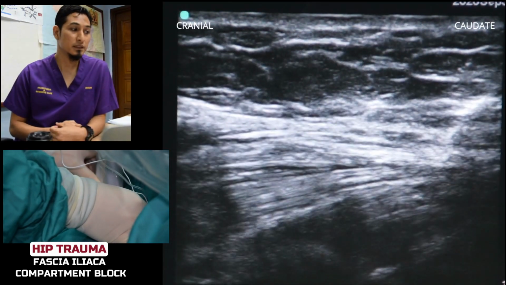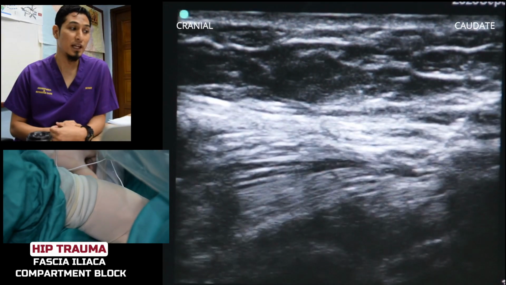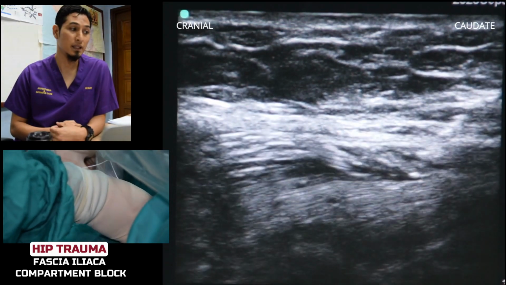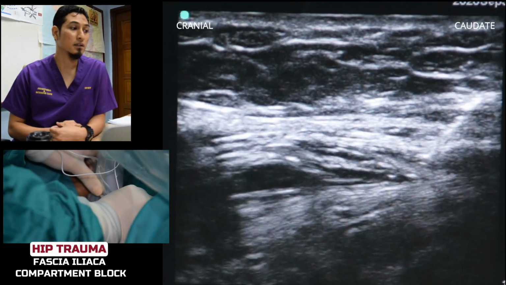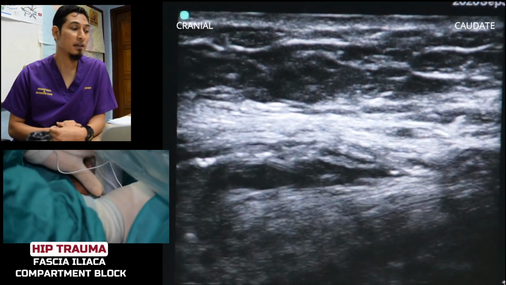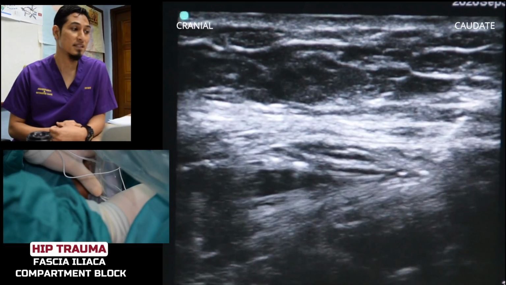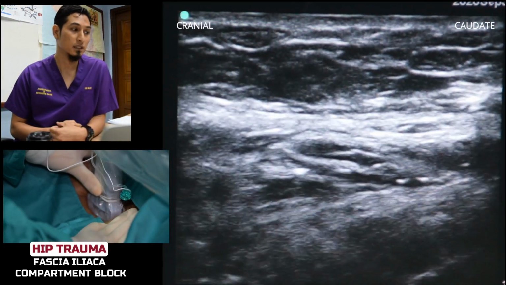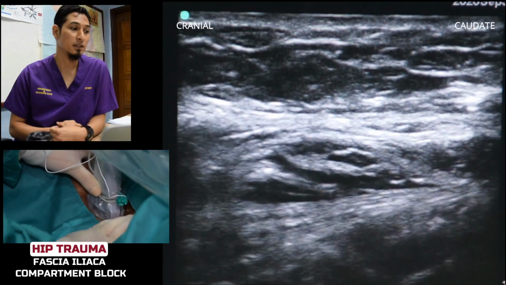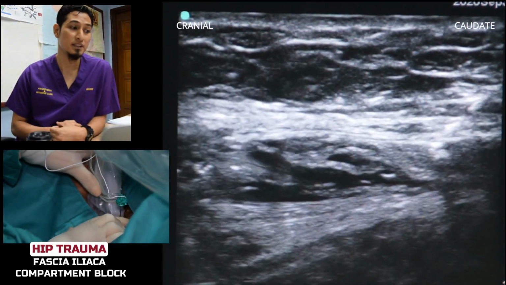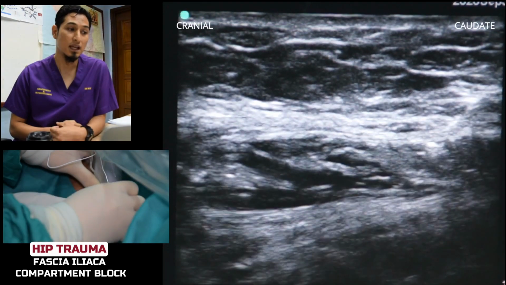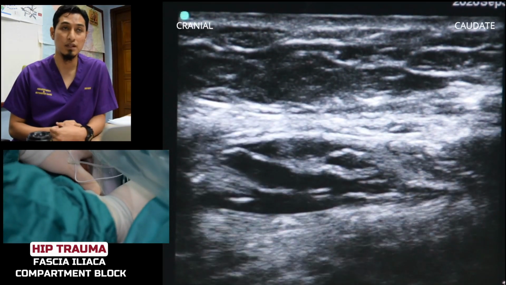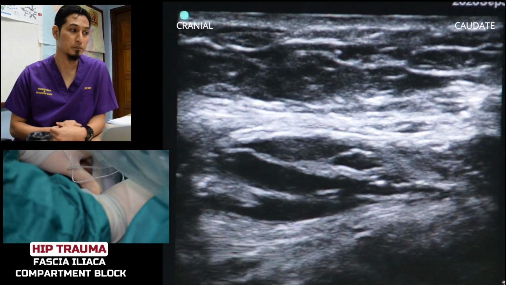So here we are going to inject our LA. As you can see, the LA spreads very nicely towards cranially, and if it spreads more cranially, then there is possibility it will spread to the lumbar plexus.